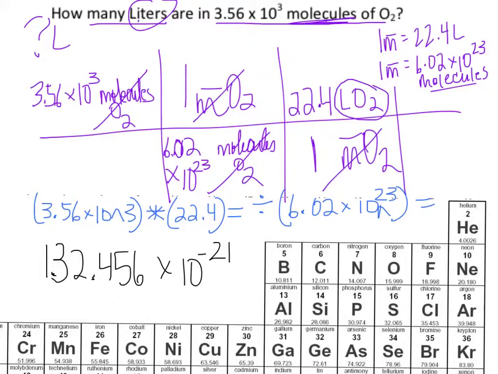Well, of course, that is a weird number, and the reason why is because I made it up, so it's just a random one. But it is what it is, and that's liters. And we were given 3 significant figures, so I don't like that, but 132 times 10 to the negative 21 liters, and that is our answer.